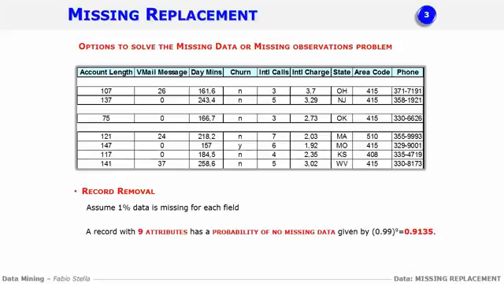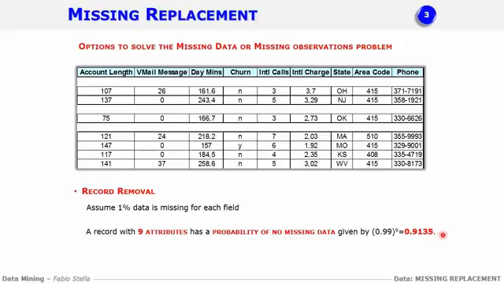If you assume that your dataset consists of 9 attributes, then the probability of no missing data for a given record will be equal to 0.99, so (1 minus 0.01) to the power of 9, which is equal to 0.9135.